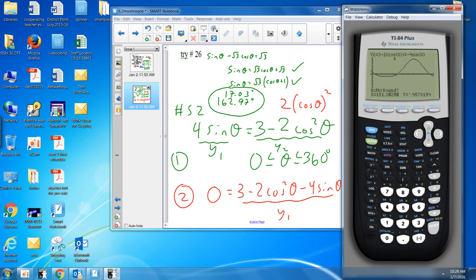So I'm going to hit enter. Right bound means right side of the intersection. Enter. Guess you go in between, and you're going to see that's that 162.97, which is what we had before. Right? And you could do the same exact thing on this other intersection.